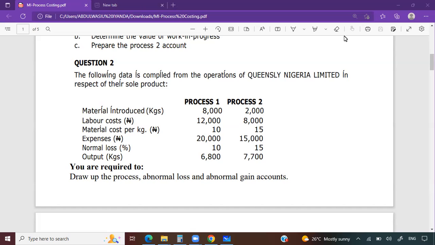In job costing, the products are not the same, so their production pattern has to be different. If you want to produce unit A, and the production method you are going to use is different from the one for producing B, that is job costing.